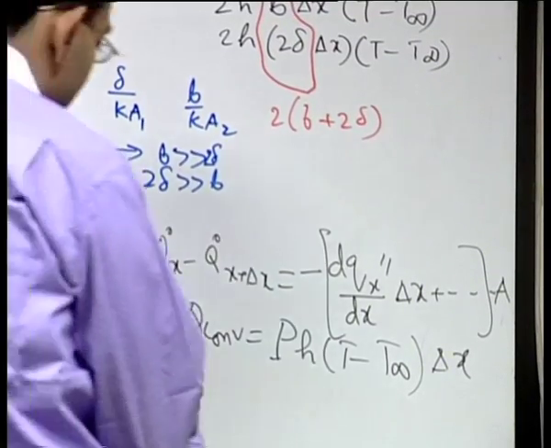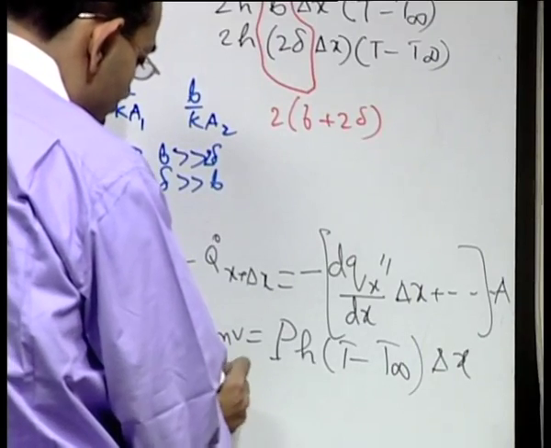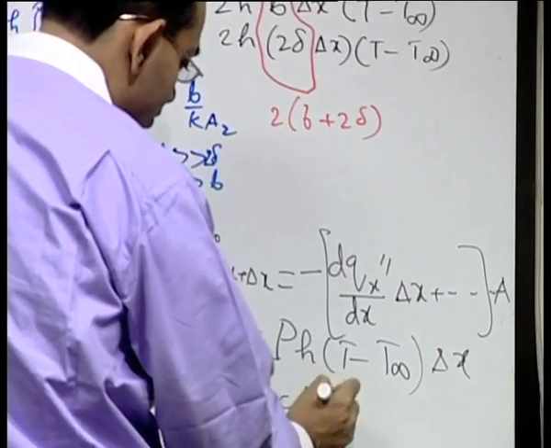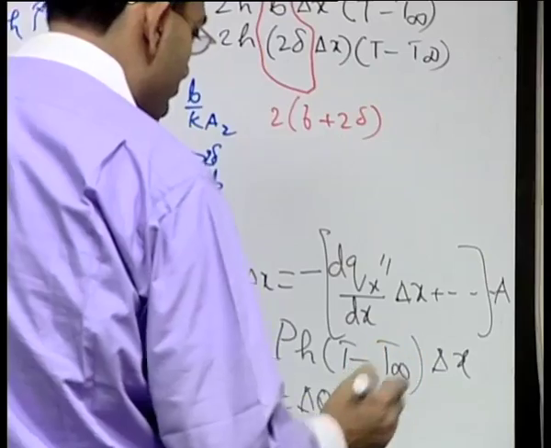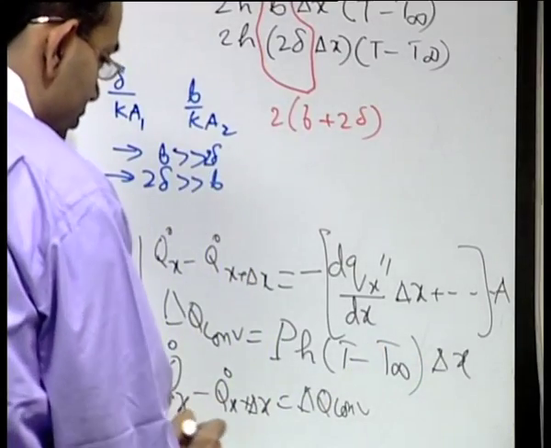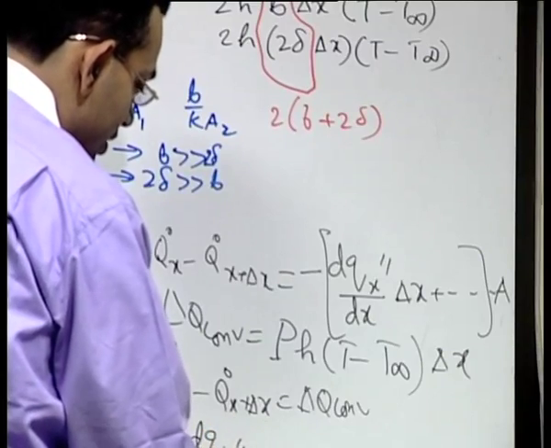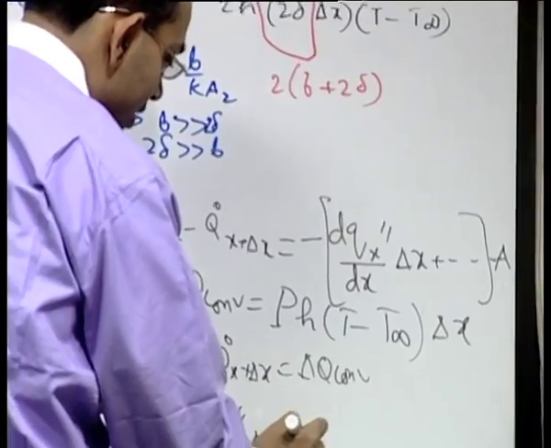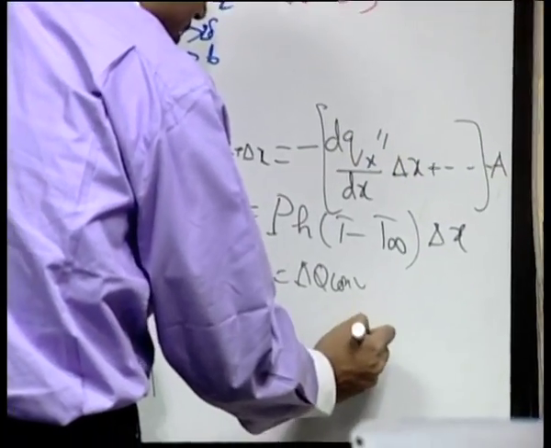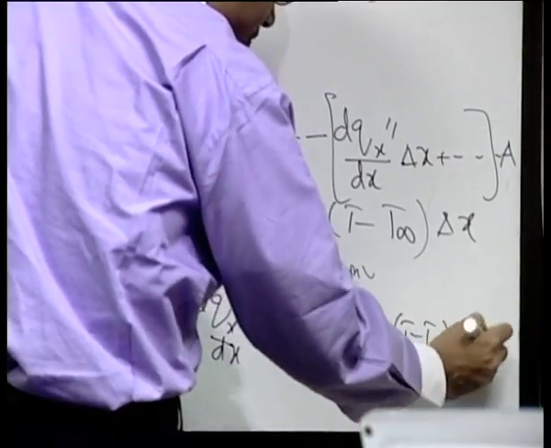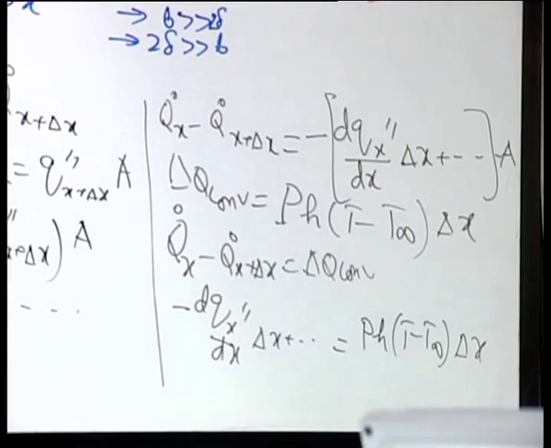Since our balance is q dot x minus q dot x plus delta x is equal to delta Q convection, we can write minus dq x dx delta x plus the higher order term is equal to P h into T minus T infinity delta x. Take the limit as delta x tends to 0.